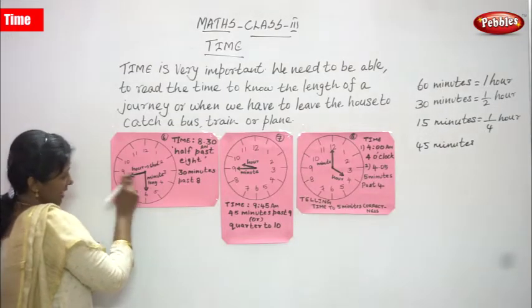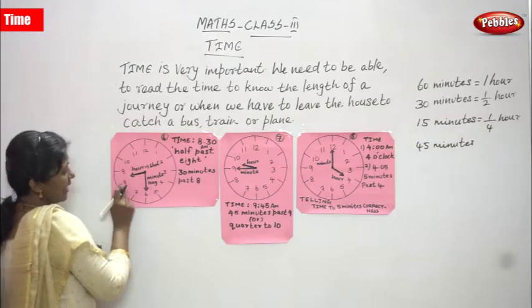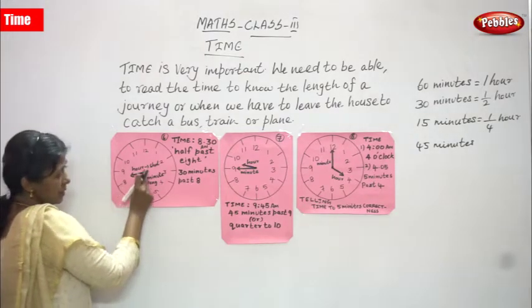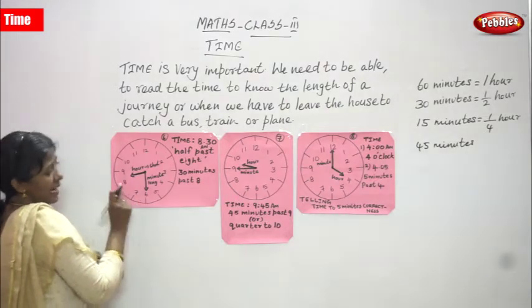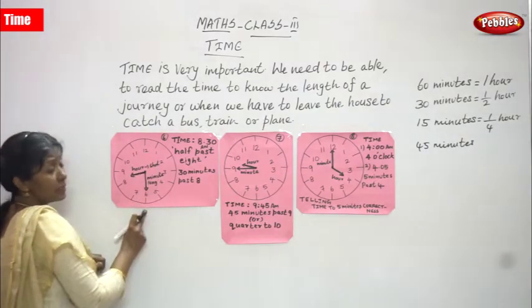This hour hand stands between 8 and 9, and this long hand, the minute hand, shows the time of 6. I've told you each and every number denotes 5 minutes.